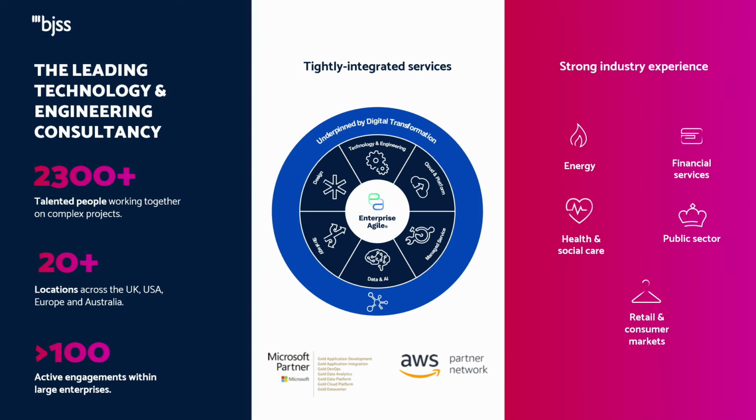And we work on pretty much any technology, but we have a lot of very deep experience in Microsoft Cloud and AWS cloud solutions that we build on with and for our clients. And as you mentioned, you can see on the right-hand side here, we're working across a number of industries from energy, financial services, health, public sector, which is really what we're here to talk about, as well as retail.